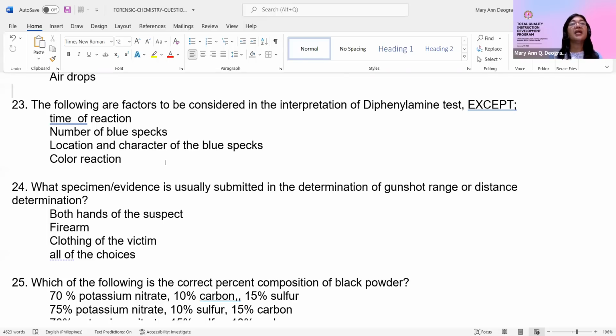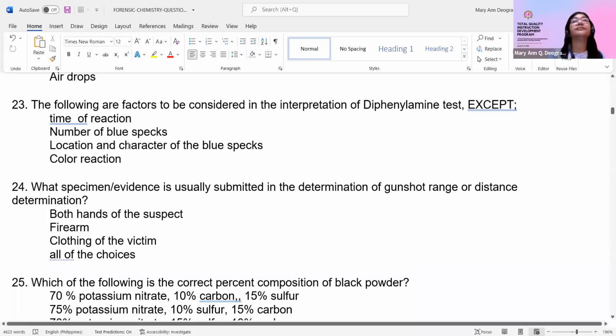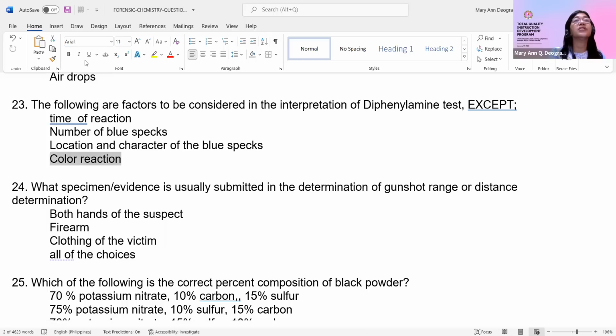Letter C, location and character of the blue specks. And then letter D, color reaction. Ang pinaka-least na sagot dyan, guys, is letter D. Kasi meron na tayong blue specks dito, nag-redundant na eh. So meron tayong number of specks, we have location and character of the blue specks. So ang pinaka-exception dito is the color reaction.